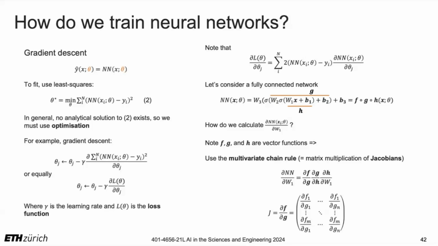Depending on how big W1 is and the output of the network, this can be a really massive matrix with a lot of values in it. For example, if this weight matrix has 1 million values, this is going to have 1 million columns, looking at the definition. So yeah, we have to apply the multivariate chain rule.